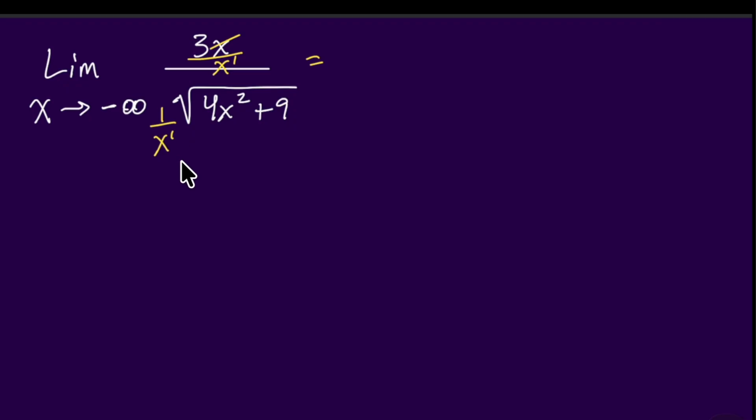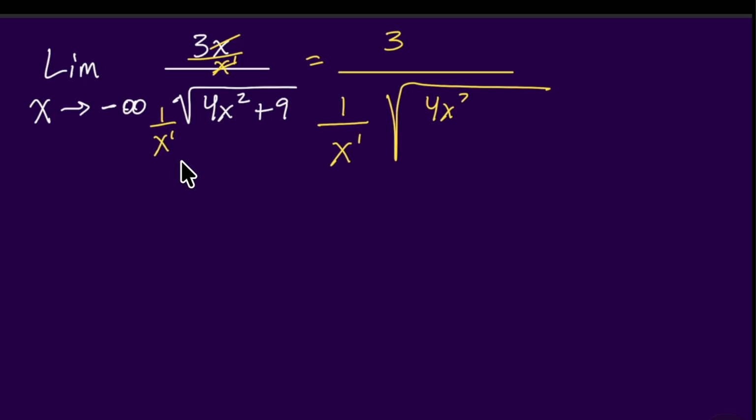So on the top, the x's are going to cancel out, and we're going to have 3 in the numerator. Now on the bottom, we're going to create a fraction inside the radical in anticipation of inserting that x to the first into the radicand.